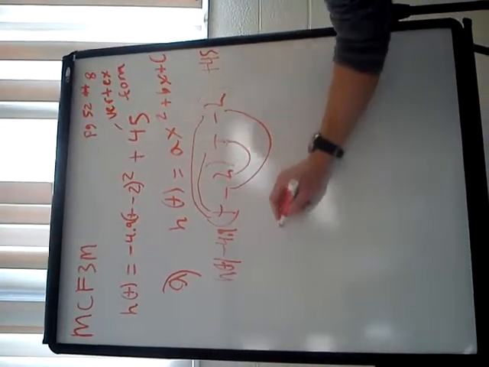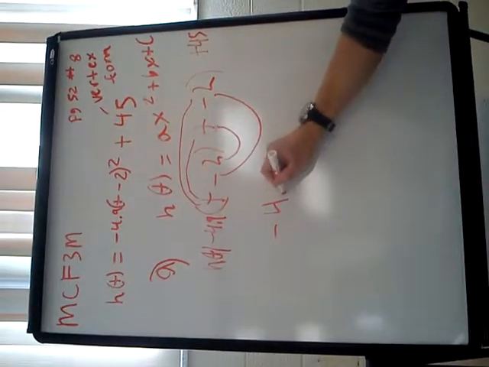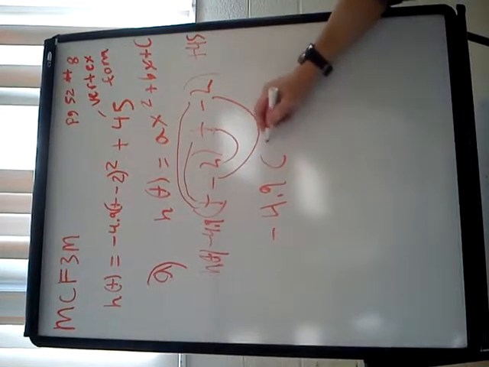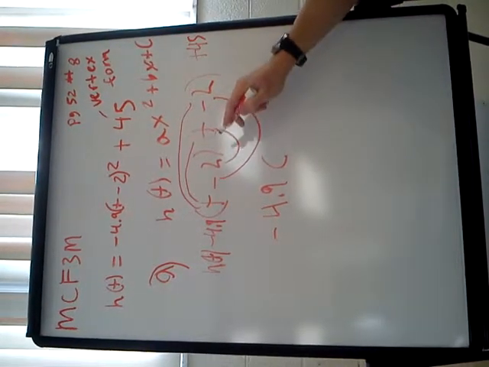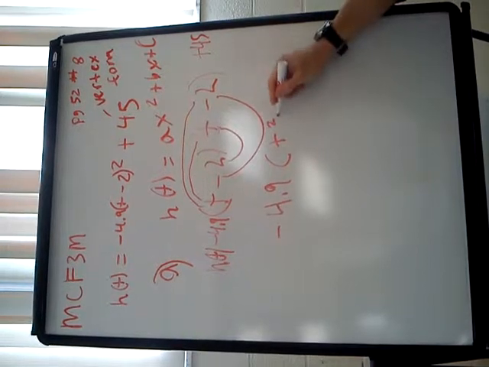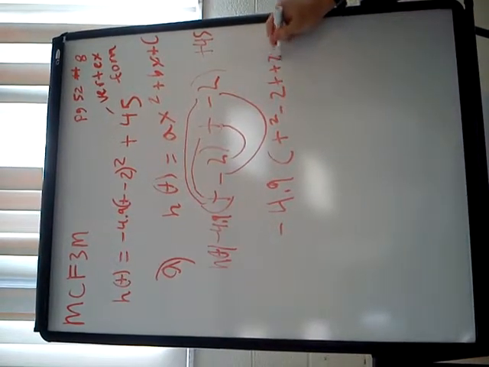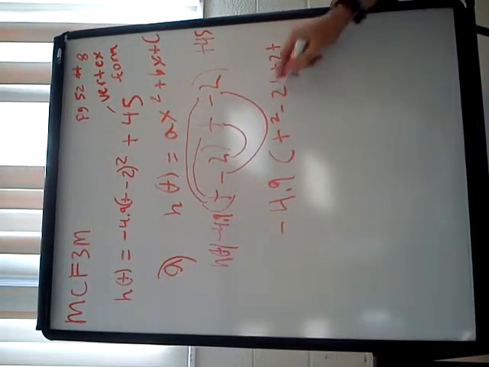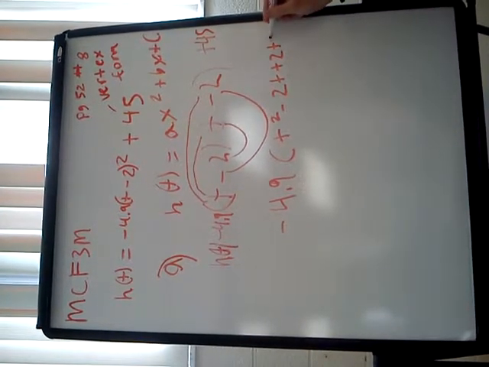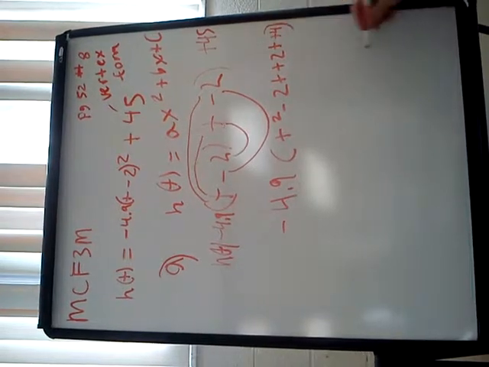So -4.9 stays on the outside. We have (t^2 - 2t - 2t + 4), this is all in brackets, remember.